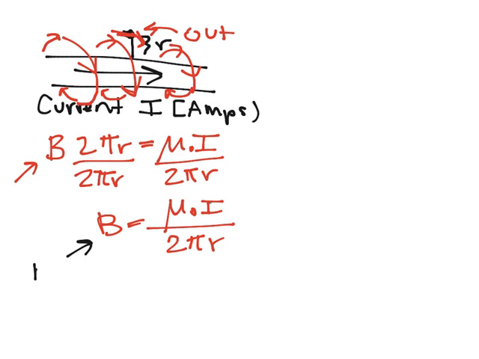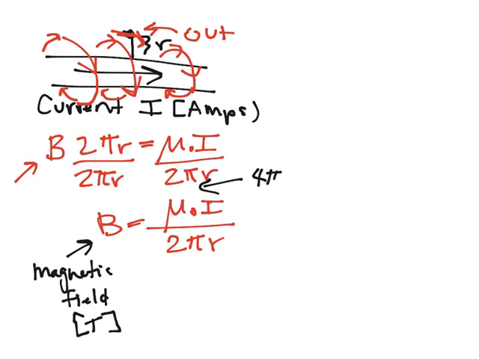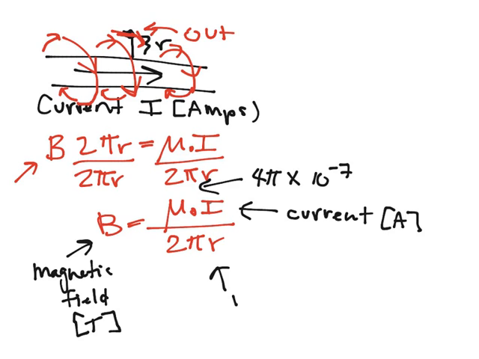Remember, B is your magnetic field, measured in Teslas. Mu naught is just a number, which is 4 pi times 10 to the negative 7th. I is your current, measured in amps, and r is your radius, measured in meters.